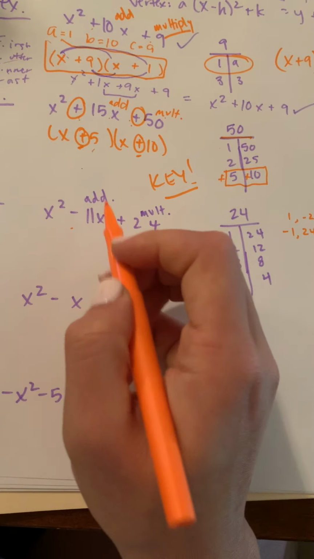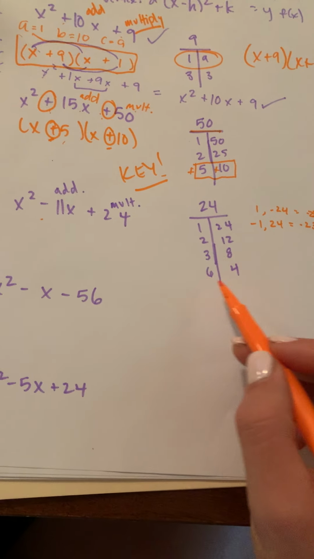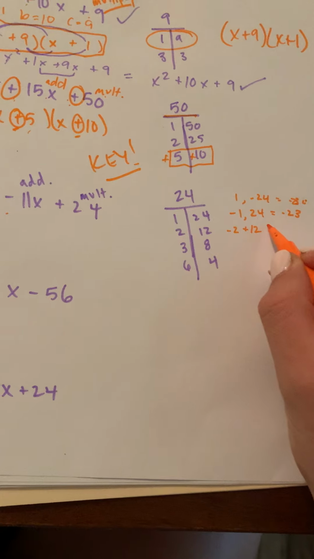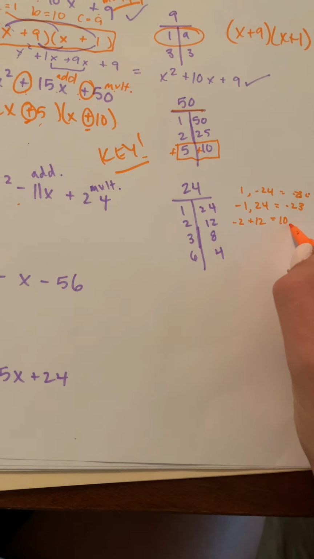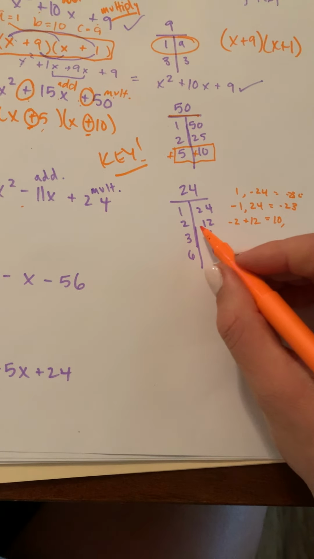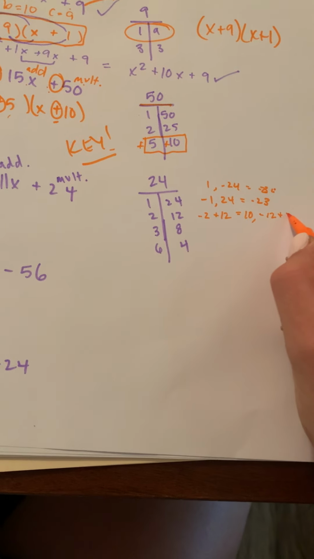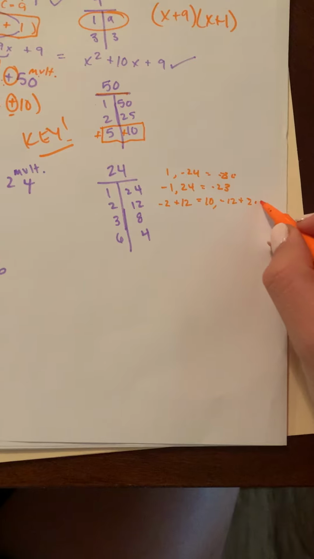So if we want to add up to a minus number, one of these has to be minus. So minus 12 plus 2, or minus 2 plus 12. I'll make the minus 2 negative. That's a positive 10. Or negative 12 plus 2, that is minus 10. Oops.